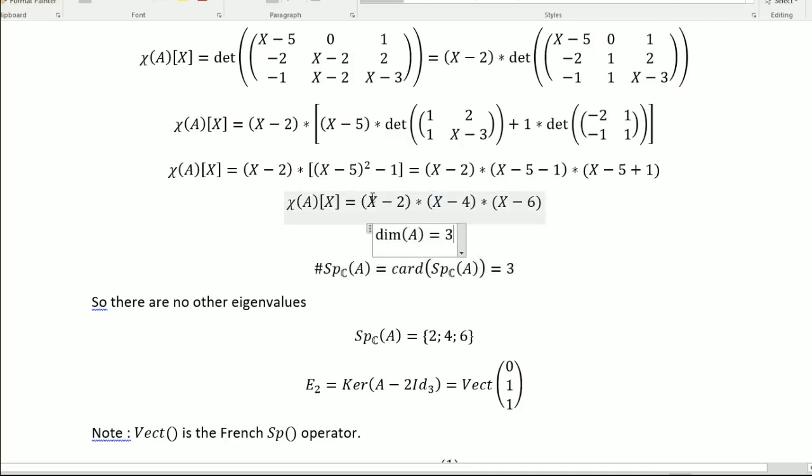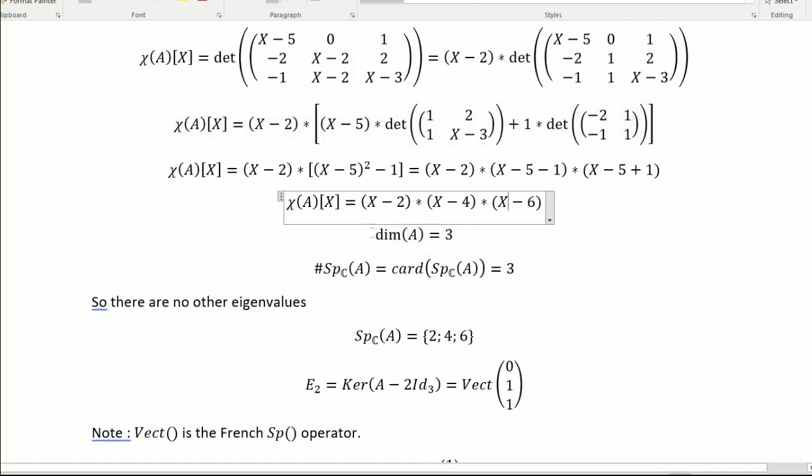Since I have already 3 eigenvalues, their multiplicity must be 1, and since 1 plus 1 plus 1 equals 3, I can't have anything else.